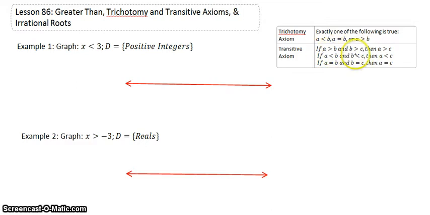If this is true and this is true, then that must be true, is basically what it's saying. But I think it'll make more sense once we apply it to our examples.